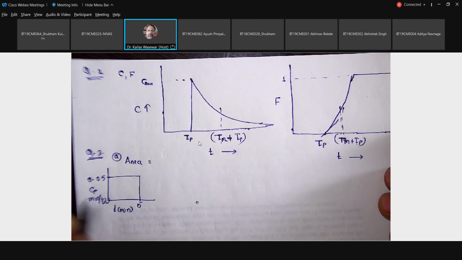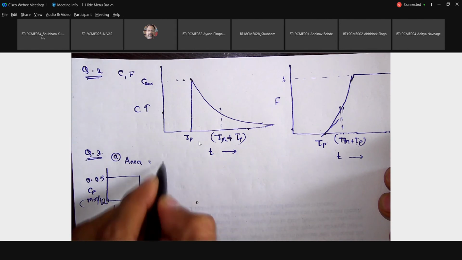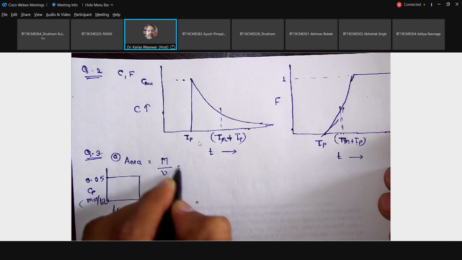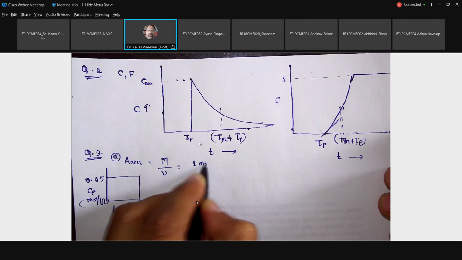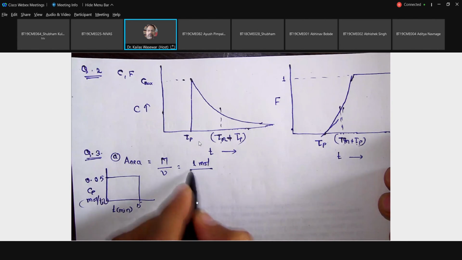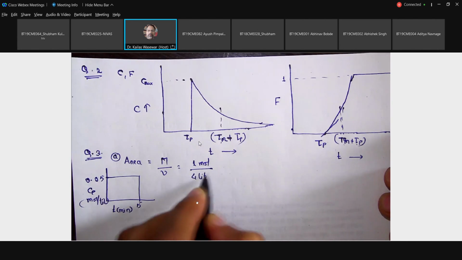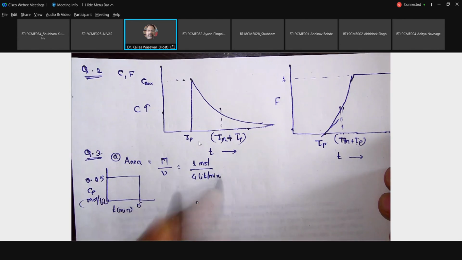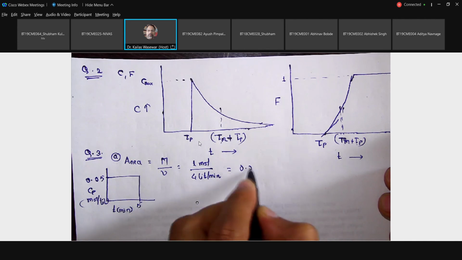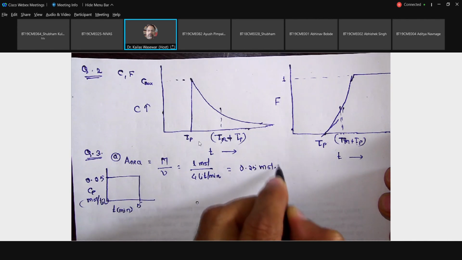The area under the curve is clearly M by v, which is 1 mole divided by 4 liter per minute, and this is coming to be 0.25 mole minute per liter.